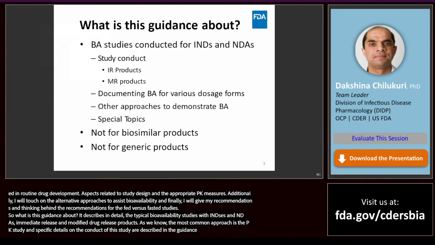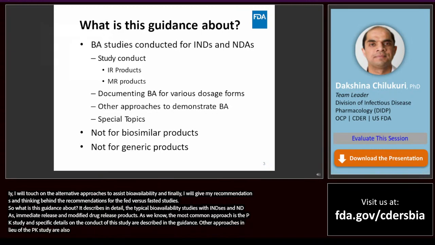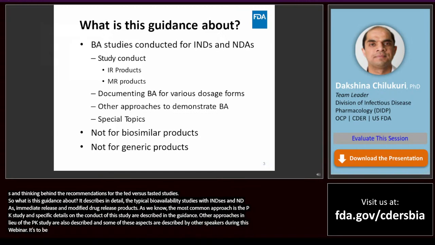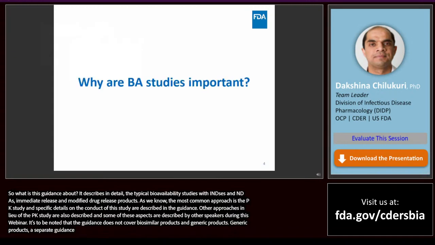Other approaches in lieu of the PK study are also described, and some of these aspects are described by other speakers during this webinar. It is to be noted that this guidance does not cover biosimilar products and generic products. For generic products, a separate guidance is being issued by the Office of Generic Drugs.